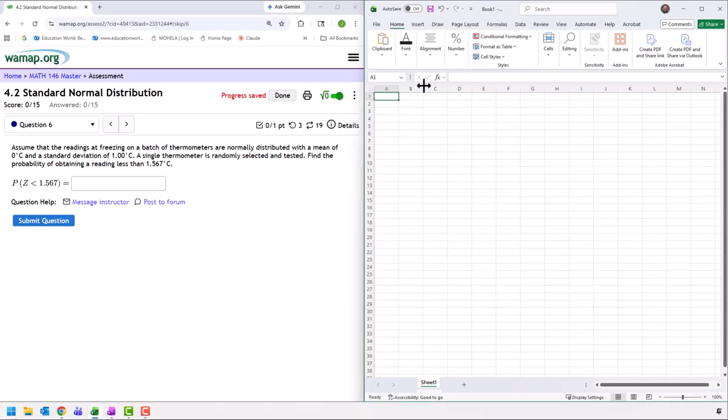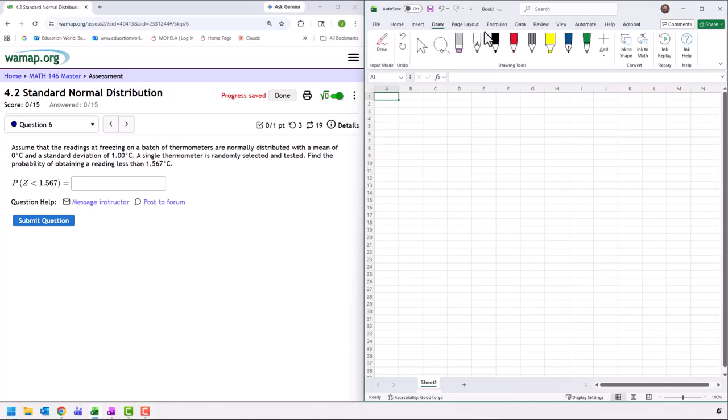Now, it's important to draw a picture, so I'm going to do that. I might use a stylus here just so they're a little bit better. It's okay if you draw sort of a rough one, but what we have here is our standard normal distribution, here's our 0, and we have a score of 1.567, and we're looking for this area to the left of it.